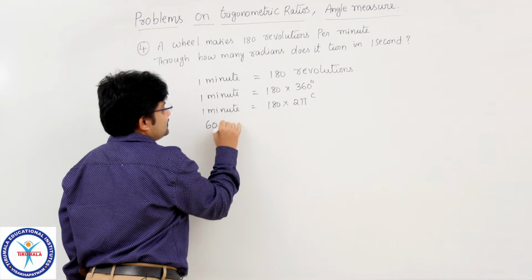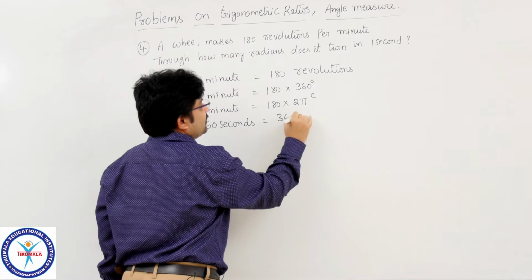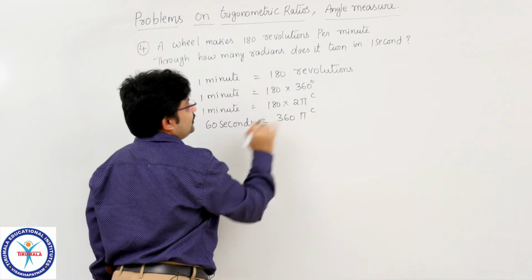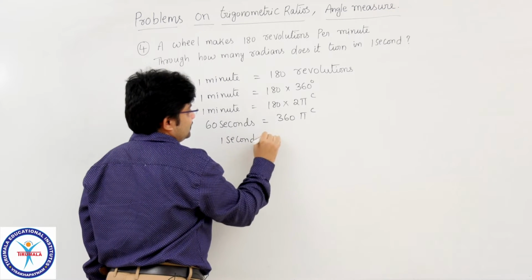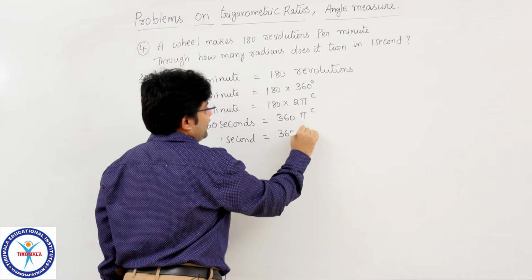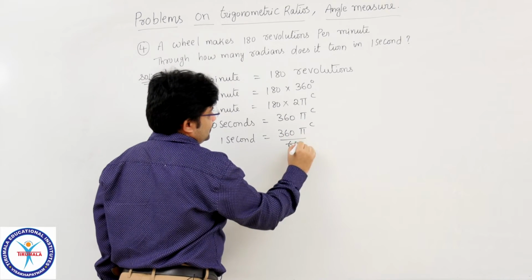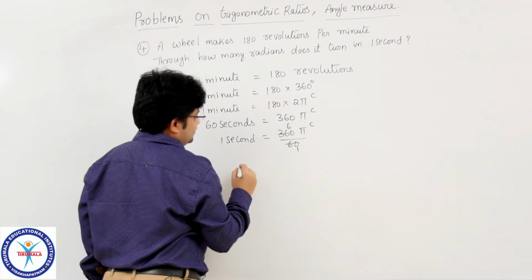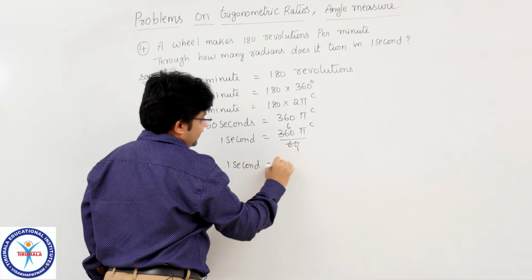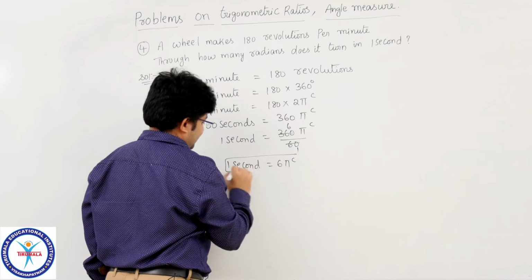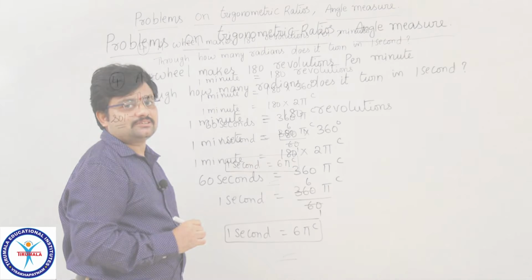So 60 seconds is equal to 360 pi radians, 180 into 2. For 1 second, it makes 360 pi by 60 radians, which is 6 pi radians. Therefore, for 1 second, it makes an angle of 6 pi radians. This is the angle made by the wheel in 1 second.